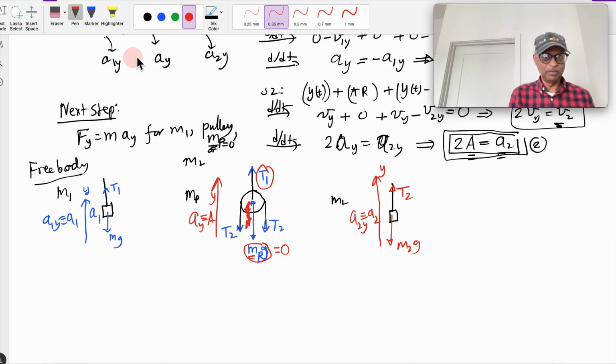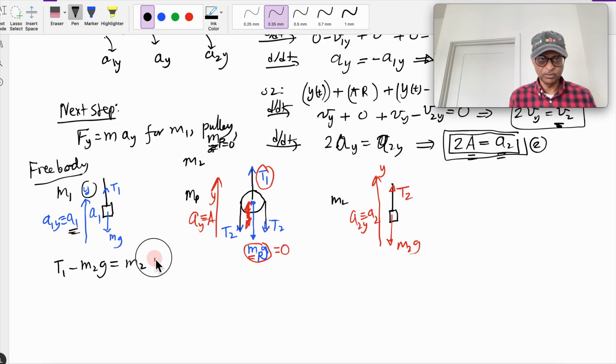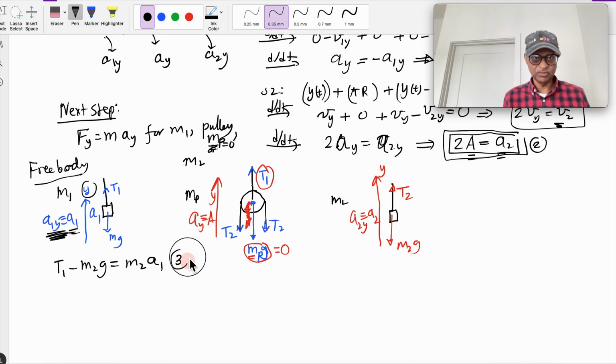I'm going to use black ink for now. So this one is going to be T1 because this is positive, minus M1g, negative over there, equals M1 times this acceleration, which is just A1. It's equation 3.